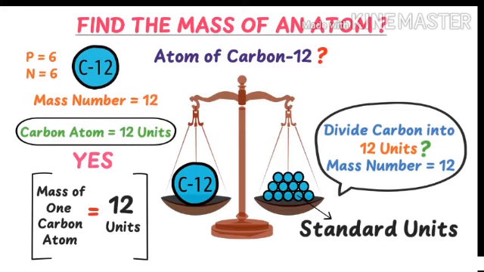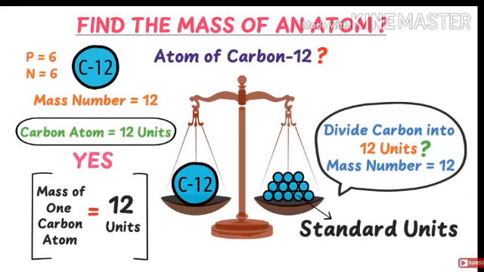The total number of protons and neutrons present in the nucleus of an atom is known as the mass number. In this picture you are seeing that carbon's atomic mass is 12. The carbon-12 isotope is taken as a standard mass to compare the mass of other atoms.